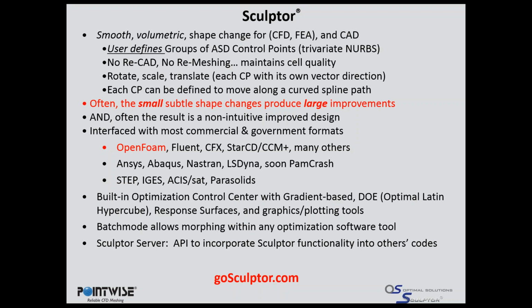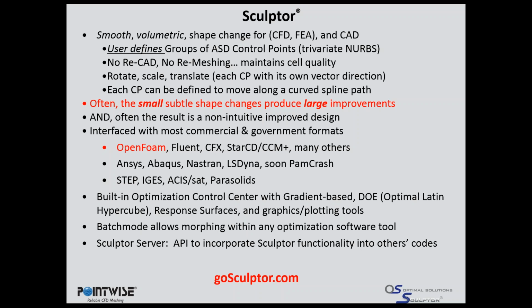Interfaced with most commercial and government formats, such as OpenFOAM, which we're working with today, but all of the popular commercial tools and government formats. We also, in finite elements, ANSYS, Abaqus, Nastran, and so forth, they all can be imported and morphed and exported back into their same file structure.